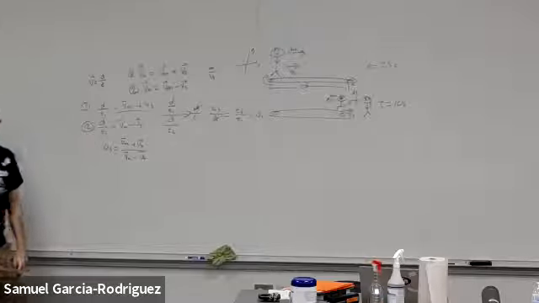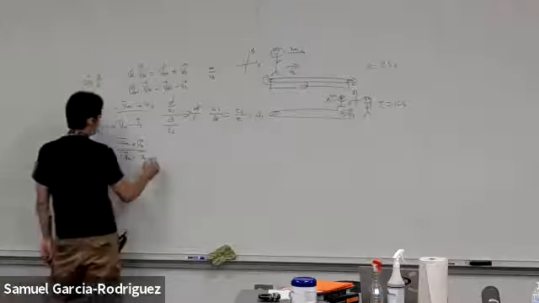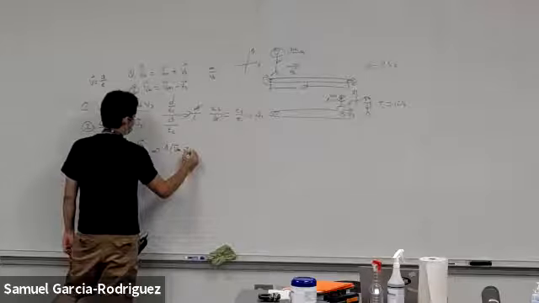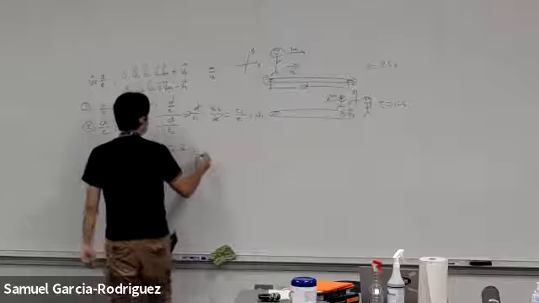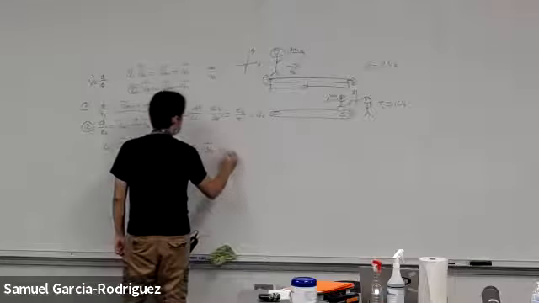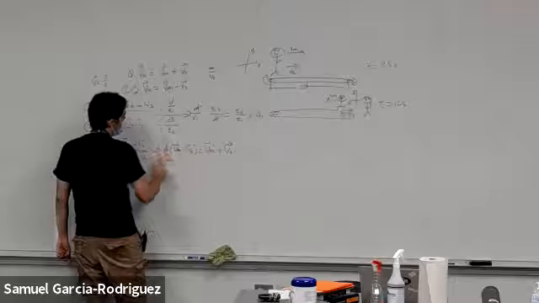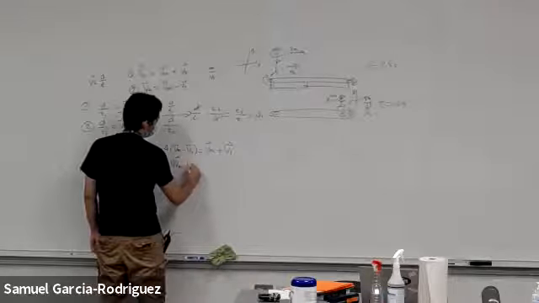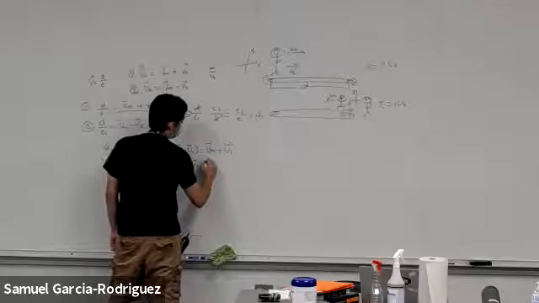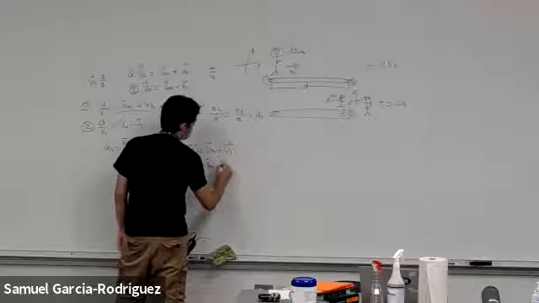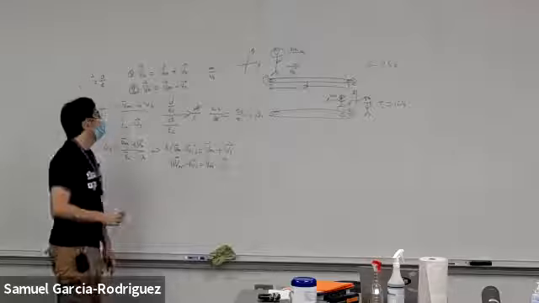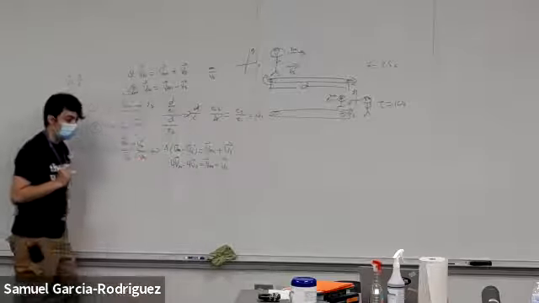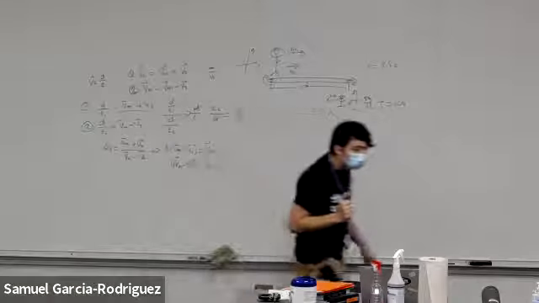Now, at this point, it's just a matter of moving things around. 4 times Vm minus Vs equals Vm plus Vs, distribute. Move Vm and Vs to the respective sides. Can you still see? Yeah, y'all should still be able to see.